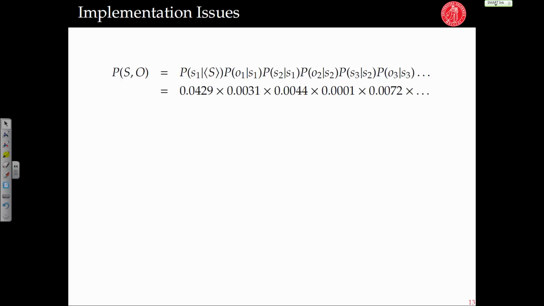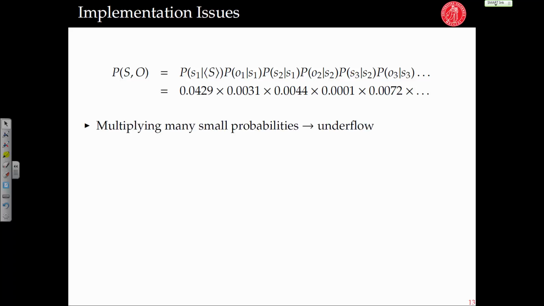So we have computed the probabilities using the maximum likelihood estimation, and then we multiply them. And this is something I mentioned in the last lecture, but it also applies here: probabilities will be small. They're definitely between 0 and 1.